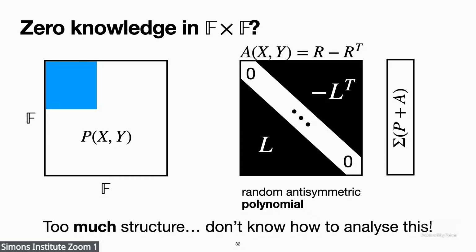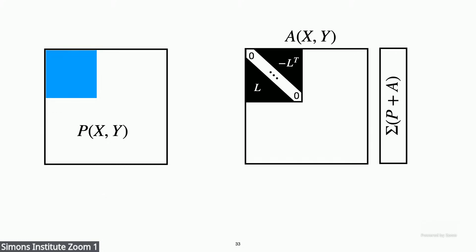So we take the computer scientist way out, which is we simplify the problem. We notice that you don't really need the antisymmetric structure outside of this top left square. So why don't I just get rid of it outside of this top left square and make this thing as random as I possibly can?